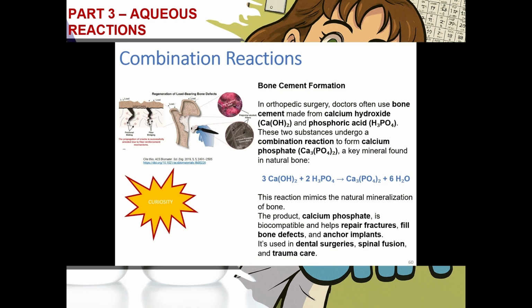So this reaction mimics the natural mineralization of bone. The product calcium phosphate is biocompatible and it helps repair fractures, fill bone defects, and anchor implants. It is used in dental surgery, spine fusion, and trauma care. It's a very nice reaction.